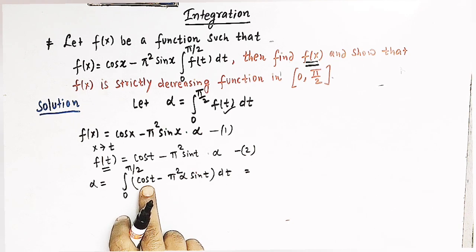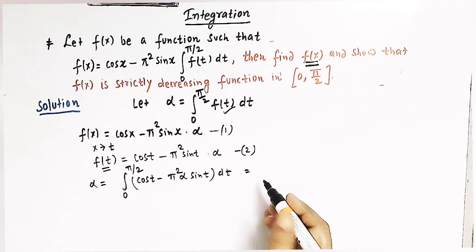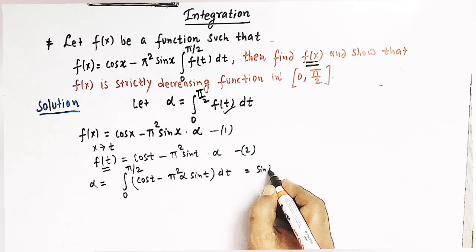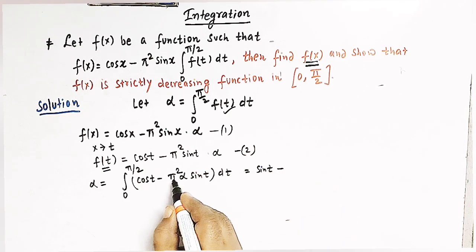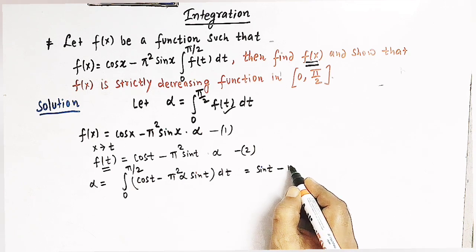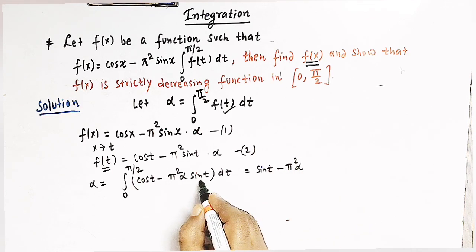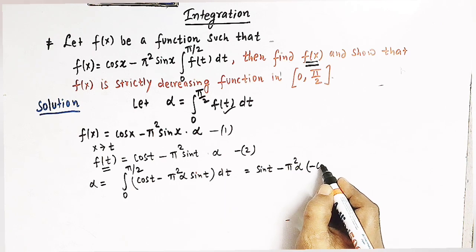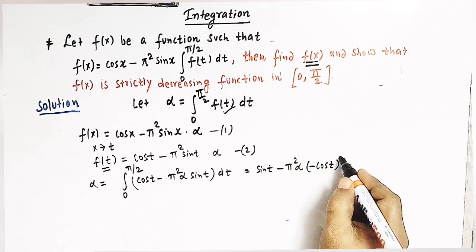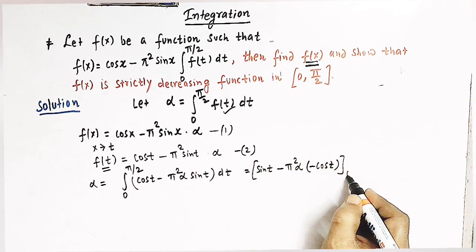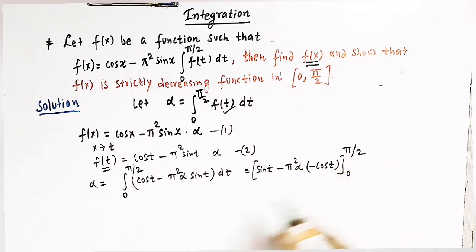Now the integral of cosine t is simply sine t, and here pi square alpha is a constant, so we can write pi square alpha, and the integral of sine t is minus cos of t, and the limits of integration are from 0 to pi by 2.